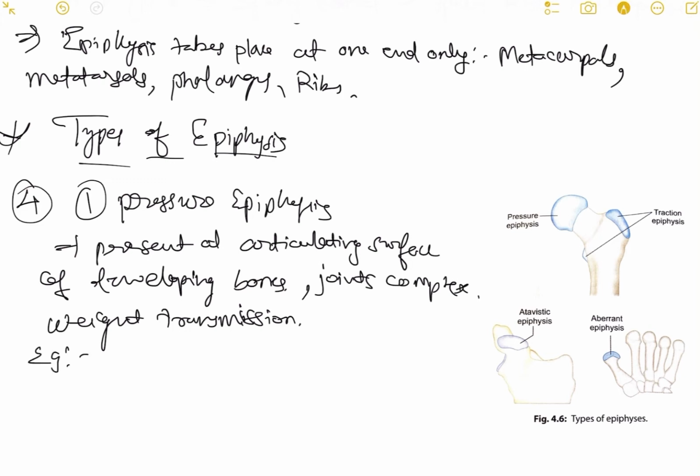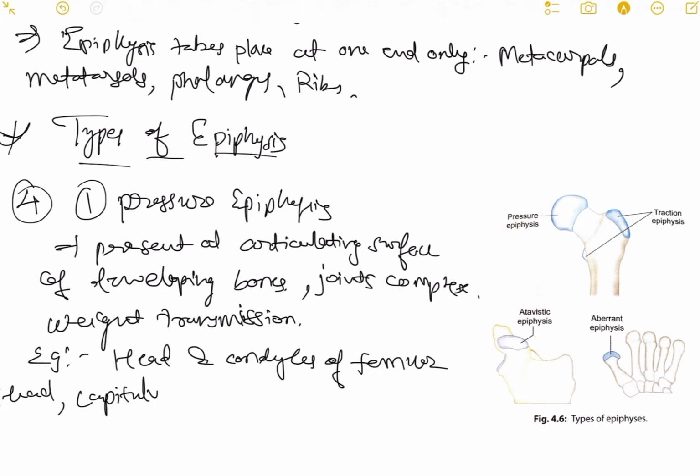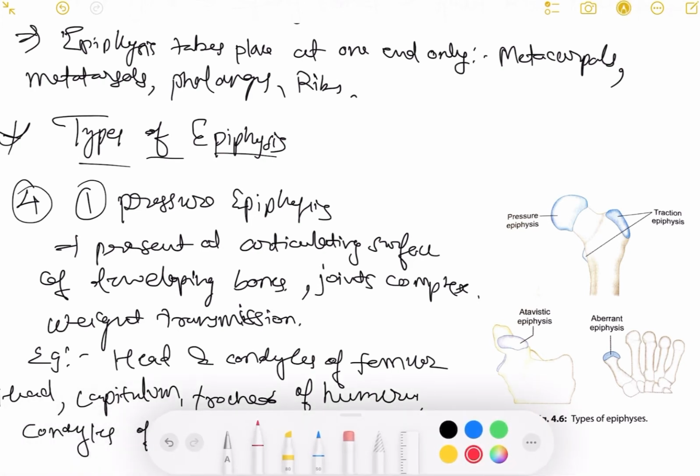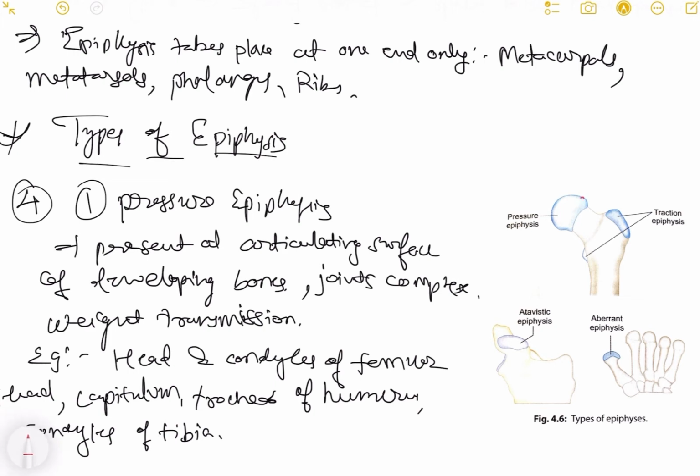Example, head and condyles of femur, head, capitulum, trochlea of humerus and condyles of tibia. So this is what pressure epiphysis is.